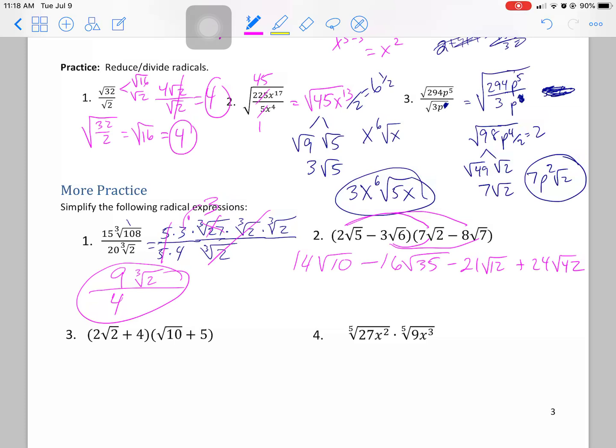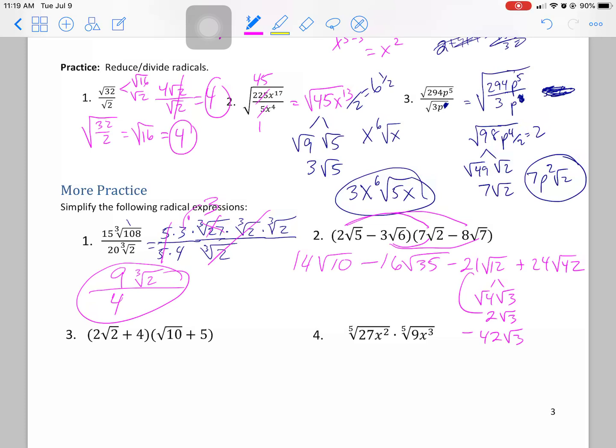Can any of those be simplified? 10 can't be. That's 2 and 5. 35 is 5 and 7, so that can't be. 12 can be. So that's negative 42, 3. How about the 42? 42 is 6 and 7, so no. 6 is a 2 and a 3 and a 7, nope.